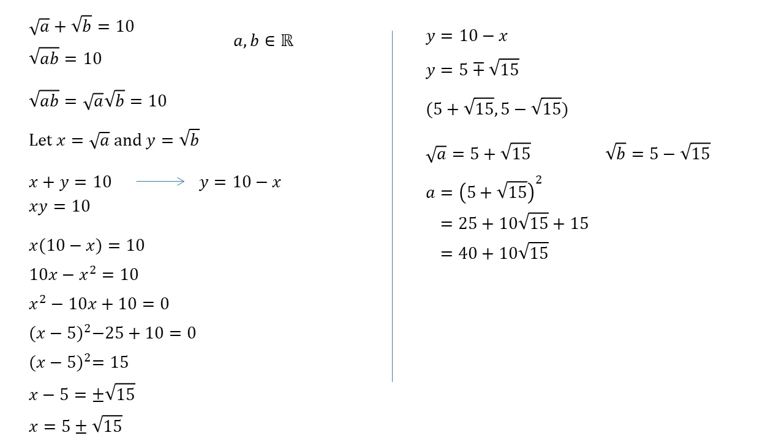Now looking at our root b equation, again we're going to square both sides, so b is equal to the square of 5 minus root 15, which is equal to 25 minus 10 root 15 plus 15, which is equal to 40 minus 10 root 15.